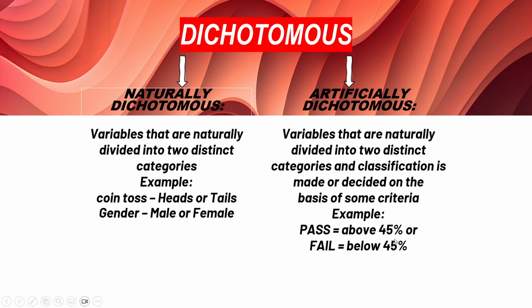Now, this percentage could be changed. Thus, these are artificial dichotomous. An important point to note here is that in the case of natural dichotomy, point biserial correlation is used, whereas when dealing with artificial dichotomy, it is advisable to use biserial correlation.